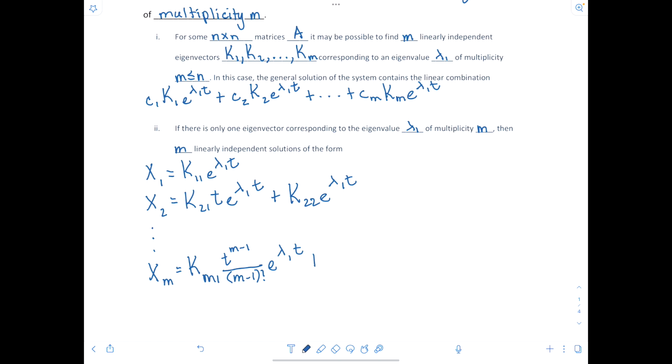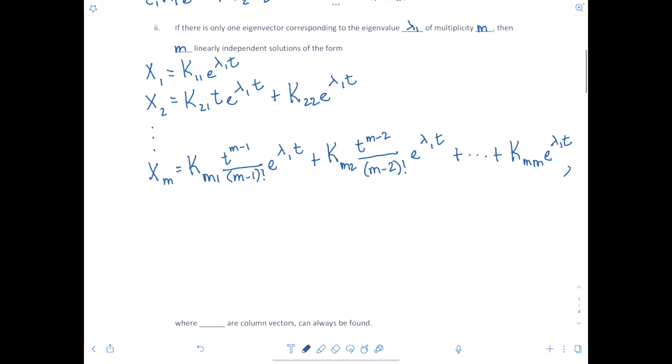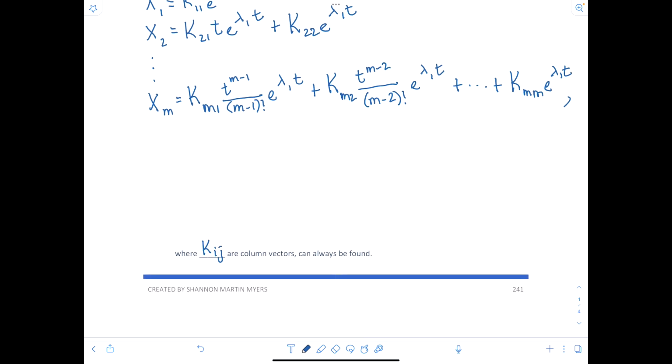and then plus capital K sub m2 t raised to the m minus 2 over m minus 2 factorial e to the lambda 1t, and then you'd keep going until you got to capital K, so those are eigenvectors, sub mm e to the lambda 1t, where K sub ij, our column vectors, can always be found.